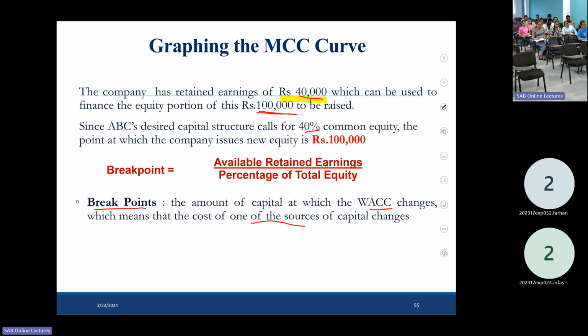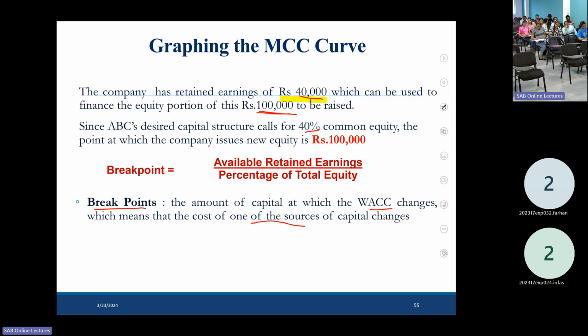So at which point should the company issue new shares? That is what we call the break point: the amount of capital where the weighted average cost of capital changes, or where one component cost of capital changes.